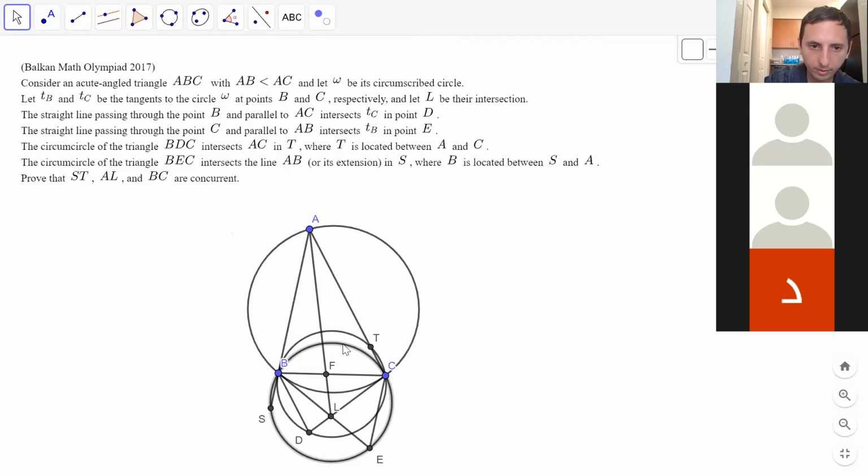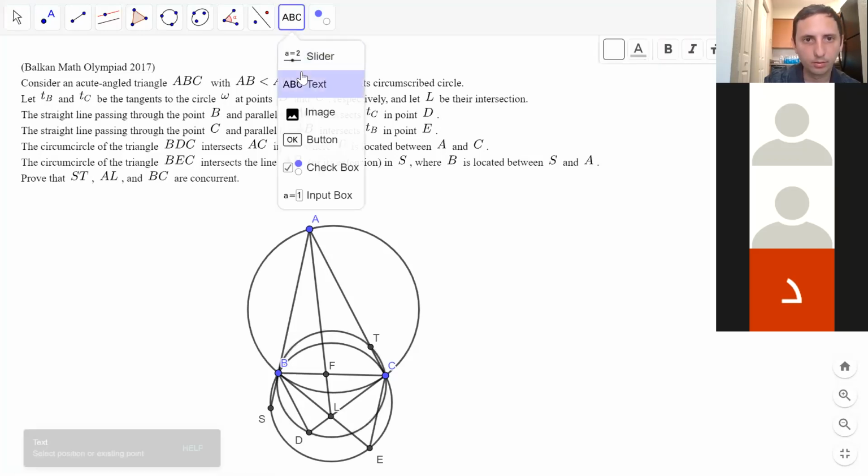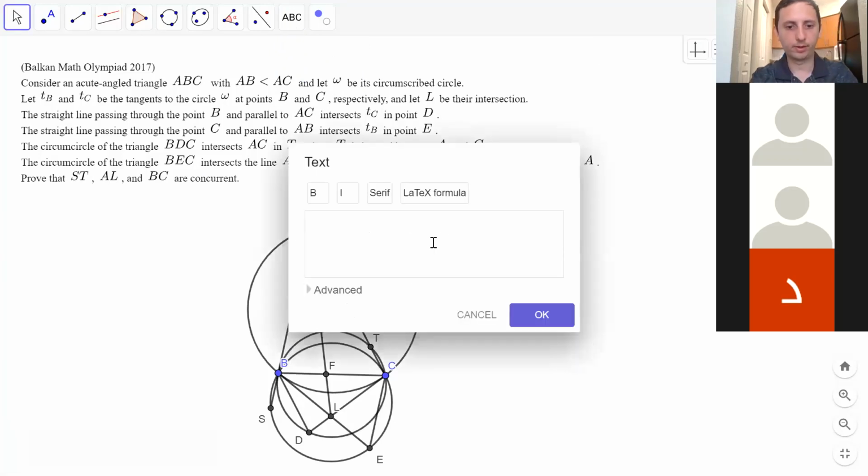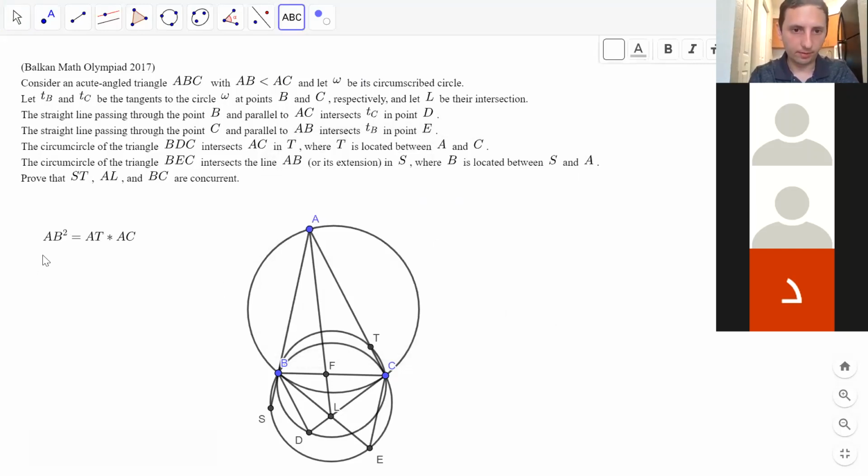So AC squared is AB times AS, and AB squared is AT times AC. And then if you multiply them, I'm a little confused. So tell me where I'm going wrong here. Is that correct, first of all?